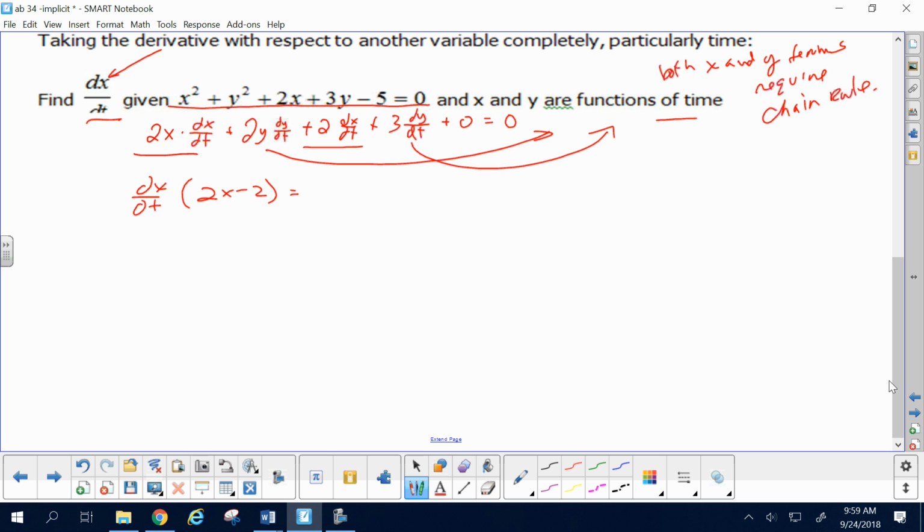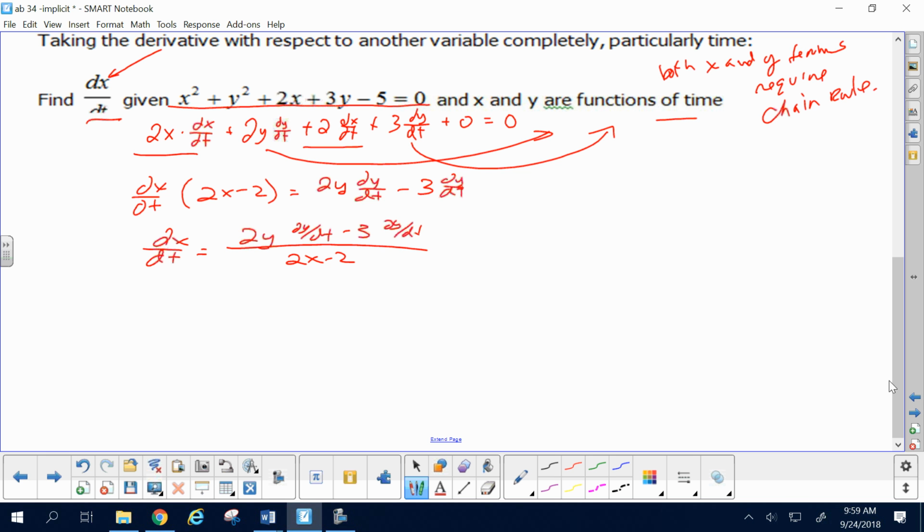On that side then is 2y dy dt minus 3 dy dt. You could factor dy dt out, it's fine, you don't have to. But your final answer then is dx dt is 2y dy dt minus 3 dy dt over 2x minus 2.